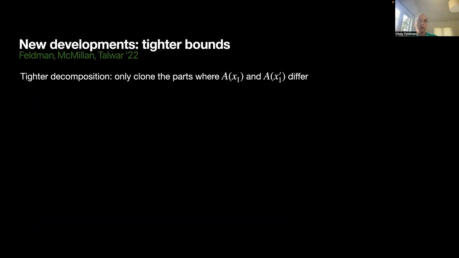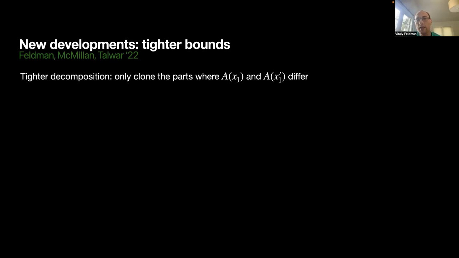Let me just mention a few new developments in this line of work that are in the follow-up paper. First of all, we actually give a tighter way to do this kind of cloning decomposition.